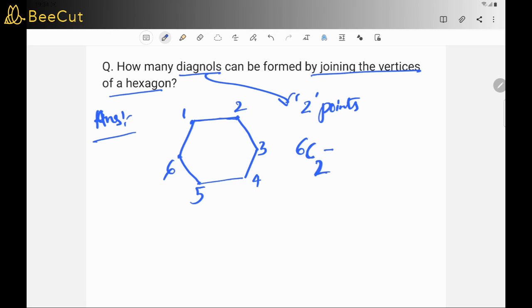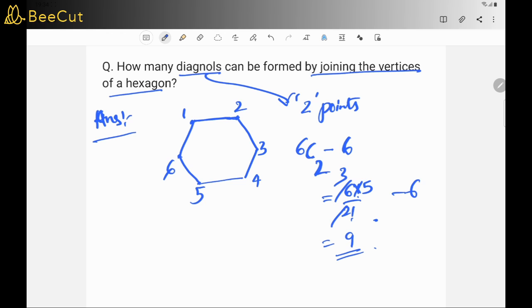So the problem with this type of selection, 6C2, is that we end up getting the sides also. So we need to subtract the number of sides, so 6. So the answer is 6 factorial divided by 2 factorial into 4 factorial minus 6. This is 6 into 5, 4 factorial will be cancelled out, and this is 15 minus 6, which is 9.